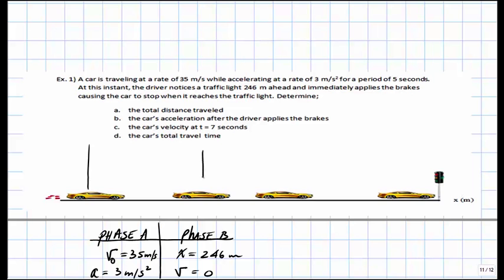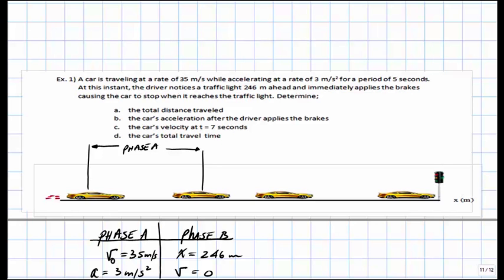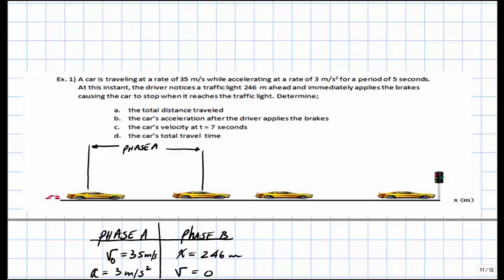So between here and here is phase A. After 5 seconds, the car is slowing down until it reaches a full stop at the location of the traffic light. So between this location and this location, we are defining phase B.